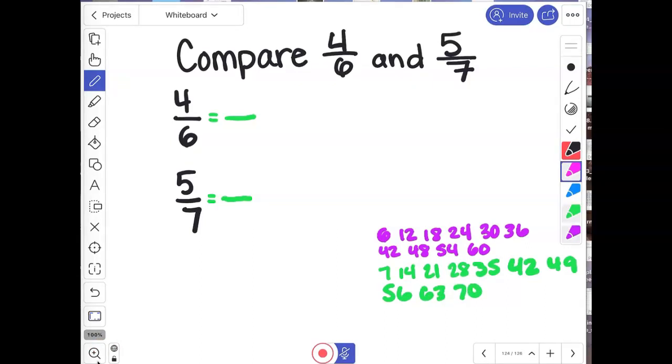Find the least common. It is 42. So that's my new denominator.